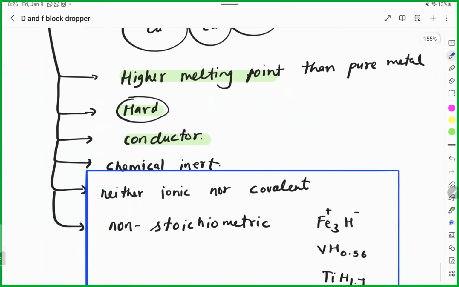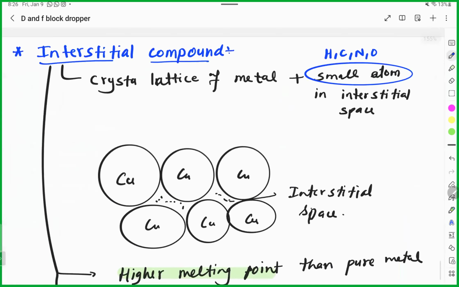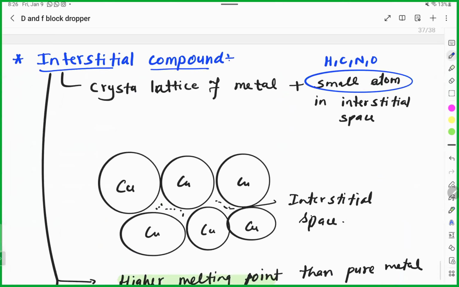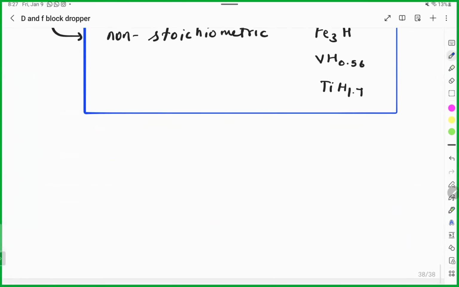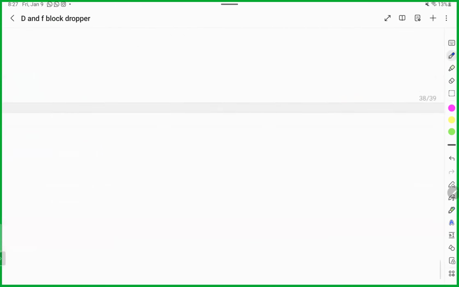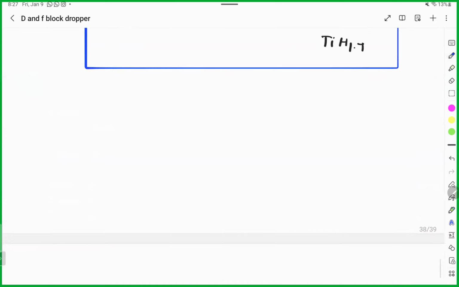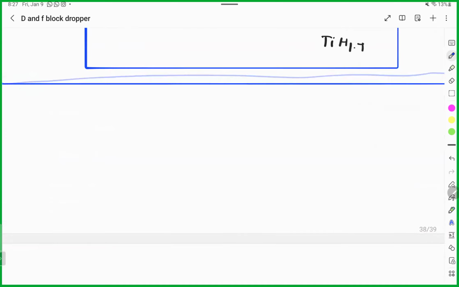Though fewer questions are asked from the interstitial compound, mostly the board asks this, not the competitive exam. But I have seen questions in competitive exams also. The number is less. For example, magnetic property is extremely common. Interstitial compounds are not so common, but JEE and NEET have already asked questions from this.